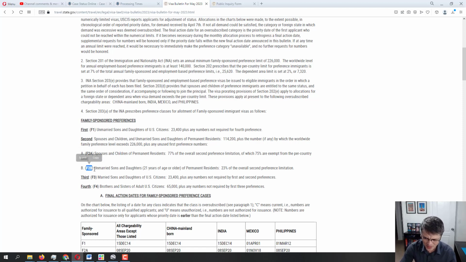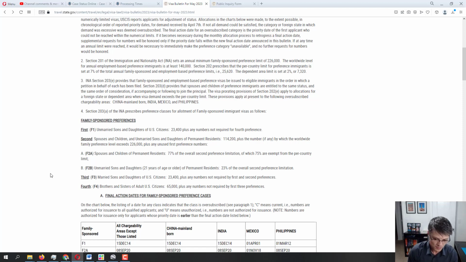And then the F2B category is unmarried sons and daughters, 21 years of age or older, of permanent residents. The third priority category is married sons and daughters of US citizens, and the fourth priority is brothers and sisters of US citizens. So whoever you're petitioning for, you will be in a certain category.